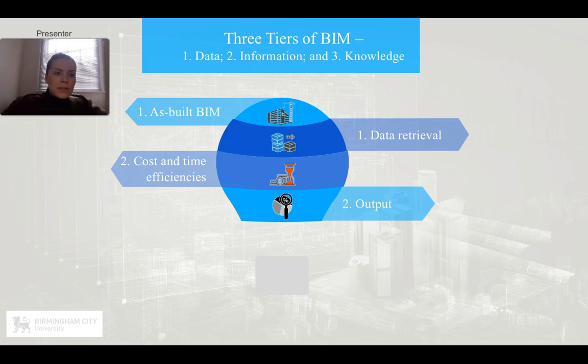We cannot simply assume that whatever data is input into the families will necessarily form information. That requires careful planning, categorization of those parameters, as well as analysis. By doing analysis on the models, whether it's structural analysis, clash detection analysis, or cost-related analysis, you can then start to form new information.